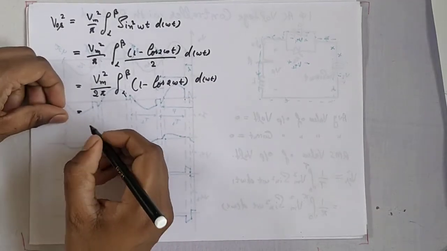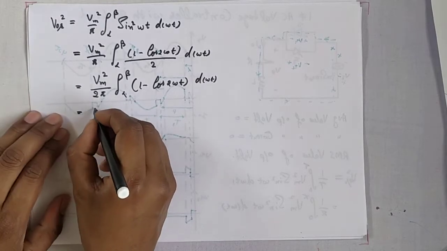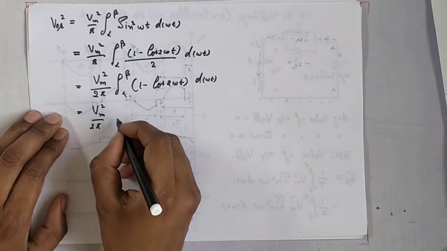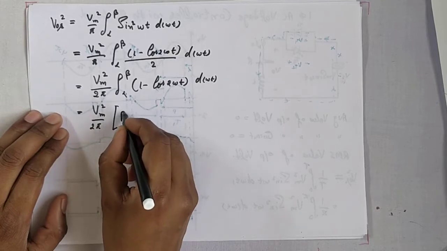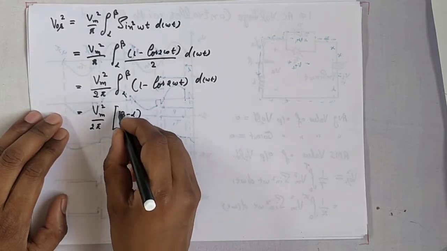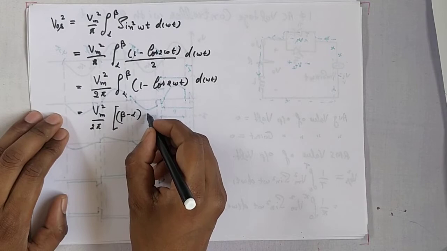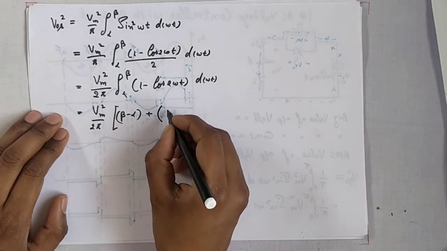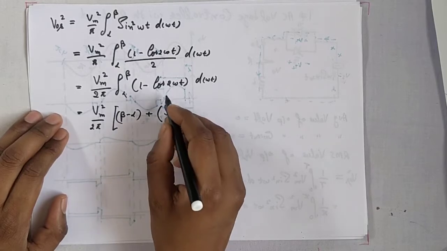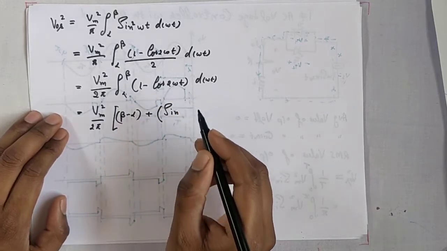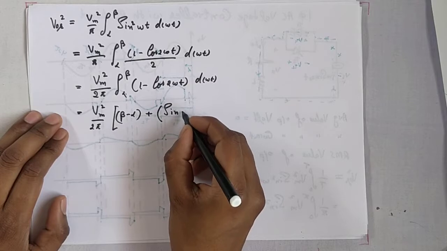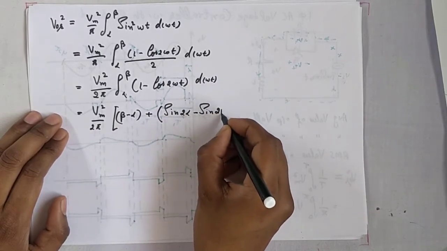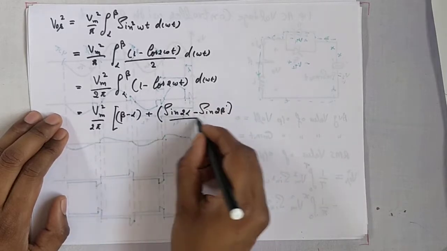Integrating it, it becomes Vm square divided by 2 pi times beta minus alpha plus, since cos 2 omega t integrates to sine 2 omega t, sine 2 alpha minus sine 2 beta divided by 2.